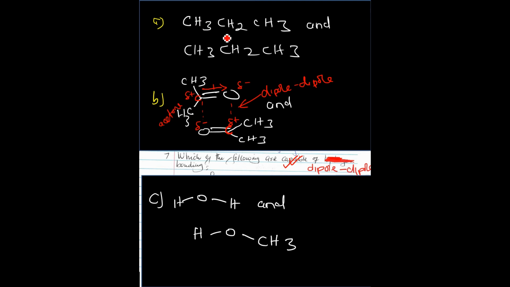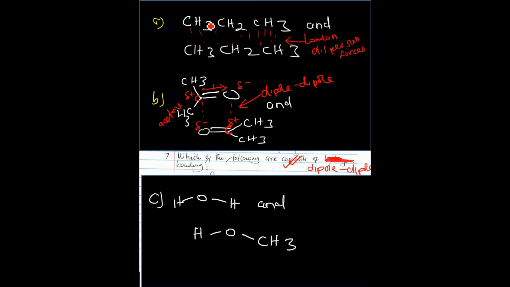But here there is no electronegativity, there's no dipole moment, so you don't expect dipole moments between these two molecules. And because there's also no hydrogen bonding possible, the only other option you have is very weak. We call the forces in between very weak London forces, London dispersion forces.